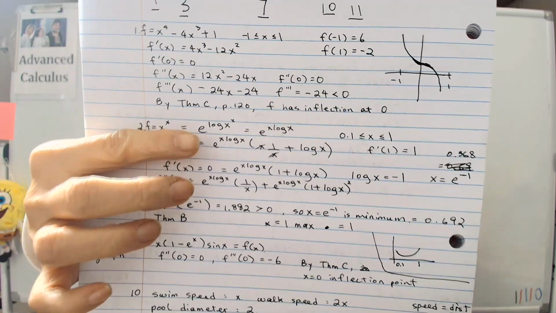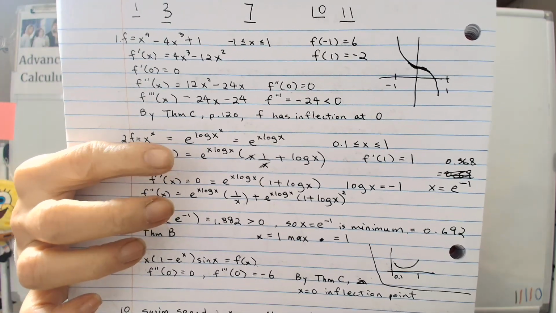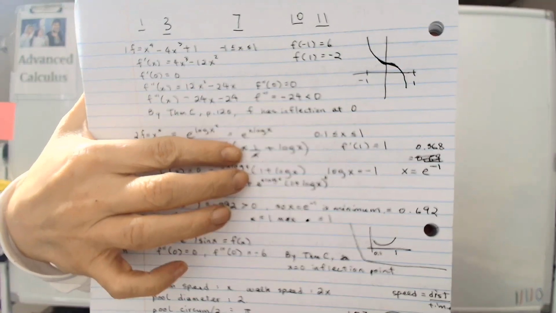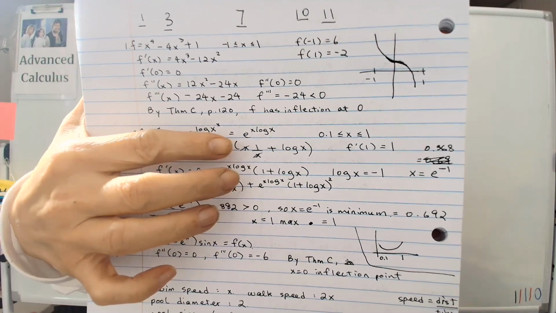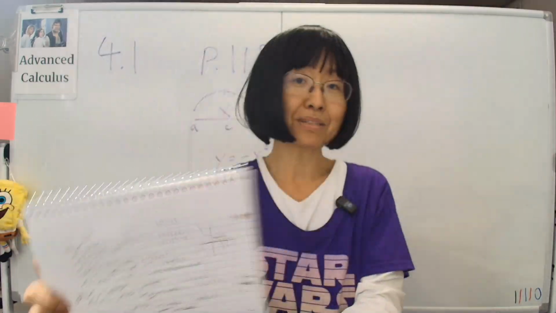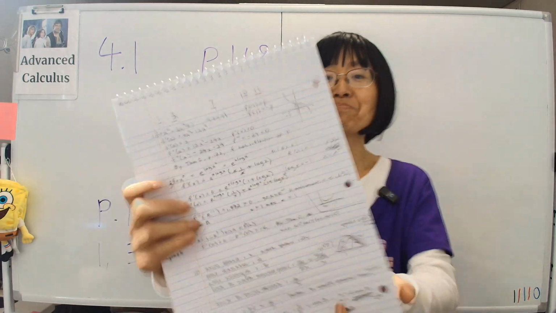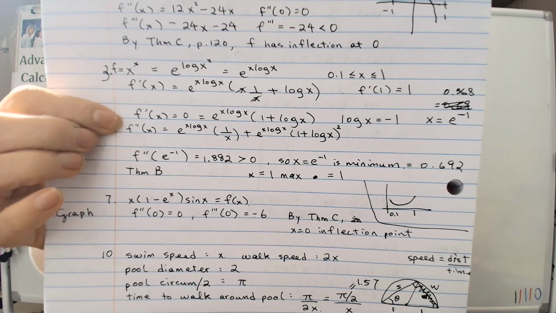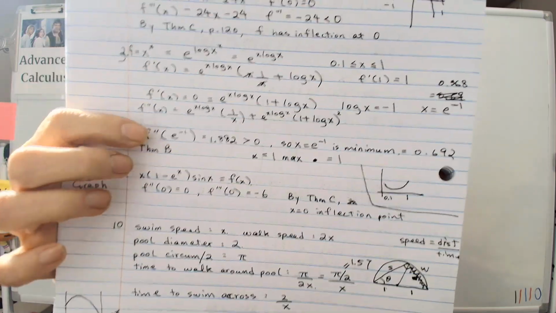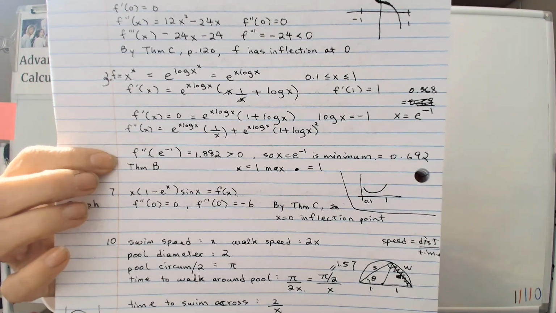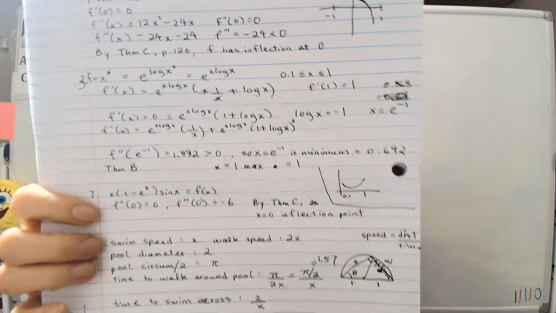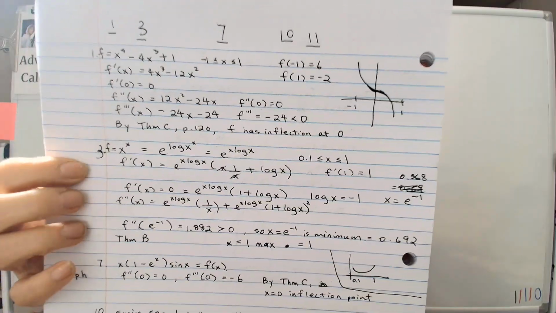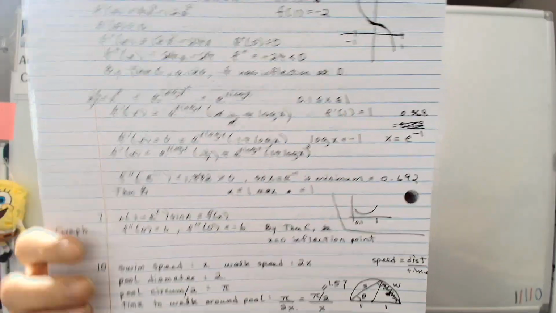The trick is to turn it into e to the log of x to the power x, which becomes e to the x log x. Remember, log from this point on means natural log, period. Then we take the derivatives and the answer comes out, and I believe this answer checks out.